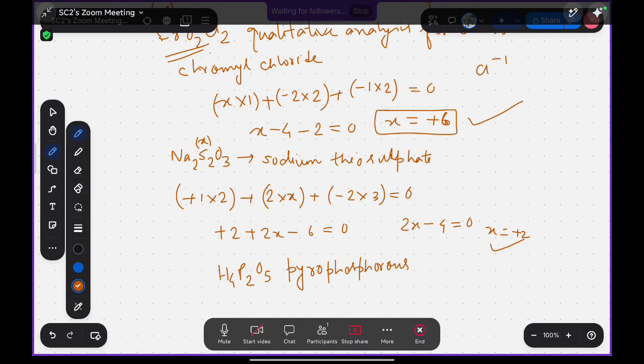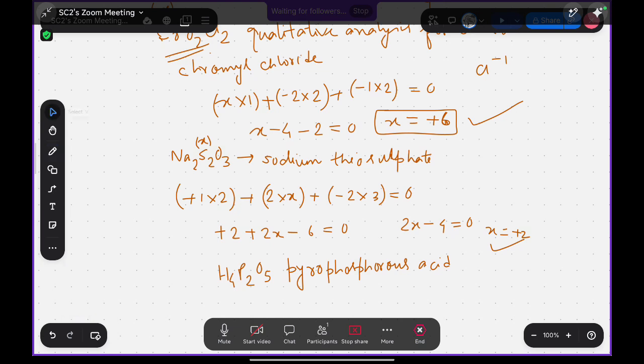You have seen for sulfur as well: sulfuric acid, sulfurous acid, Marshall's acid, Caro's acid. Similarly, pyrophosphorus acid is another oxy acid of phosphorus. Phosphoric acid, phosphorus acid and pyrophosphorus acid are oxy acids of phosphorus. Many more are also possible.